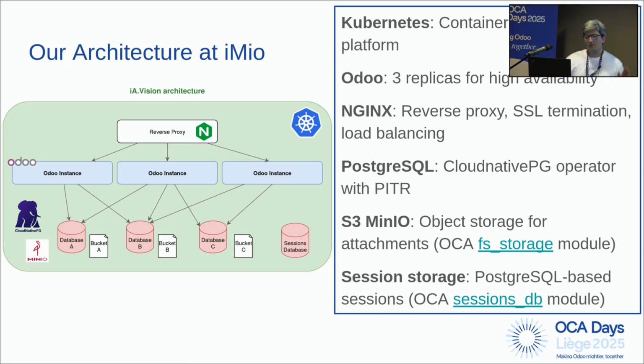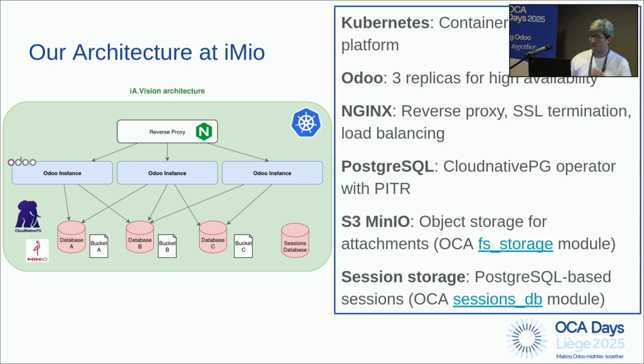And also the sessions are stored in a PostgreSQL database rather than in the file system. And for that also, we use the session DB module from the OCA. So thanks again to the OCA for these very useful modules. And yes, this architecture allows us to serve 78 tenants with high availability.